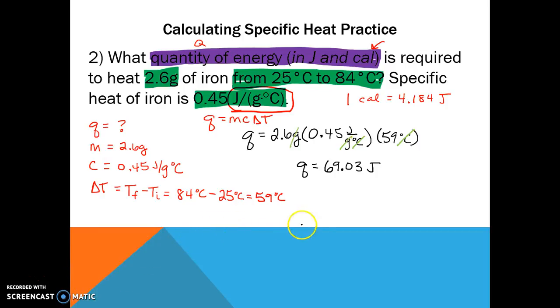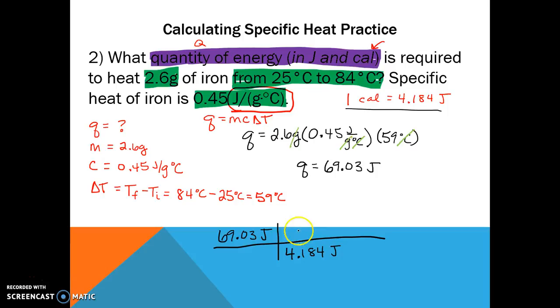So we can do our favorite kind of chemistry. We can do unit conversions, where I'm going from this number of joules to some unknown number of calories. So I need a unit conversion. T-tables are back! The top left is where I'm starting from, which is 69.03 joules. And then I need my conversion factor. Joules are on top, so my joules need to go on the bottom to cancel, 4.184 joules.